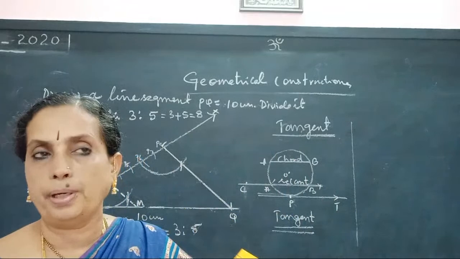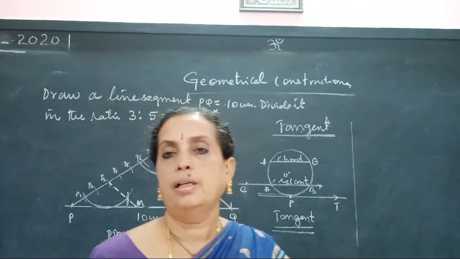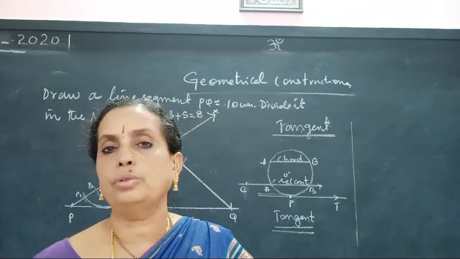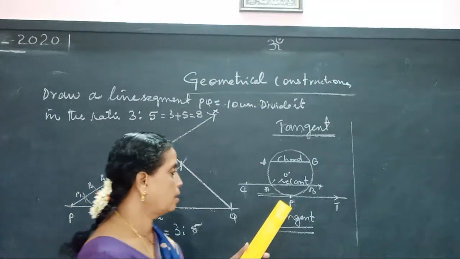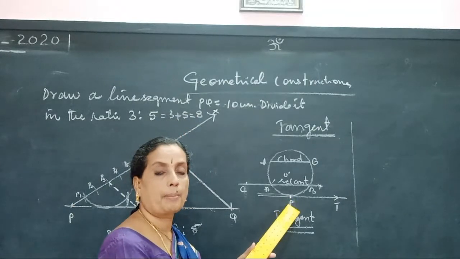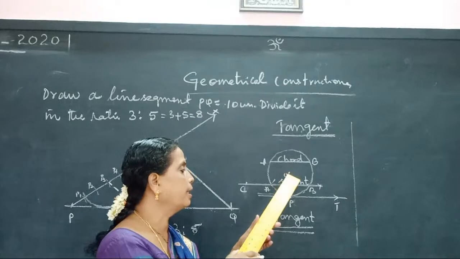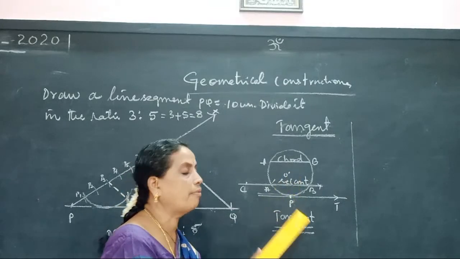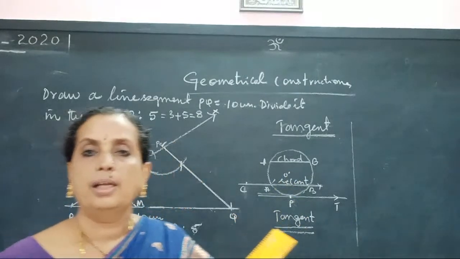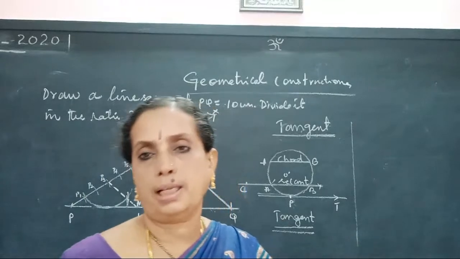Now, making use of these properties, we have a few more constructions. The first property of the tangent is that a tangent drawn to the circle is perpendicular to the radius. So making use of that, we are constructing a tangent to a circle.